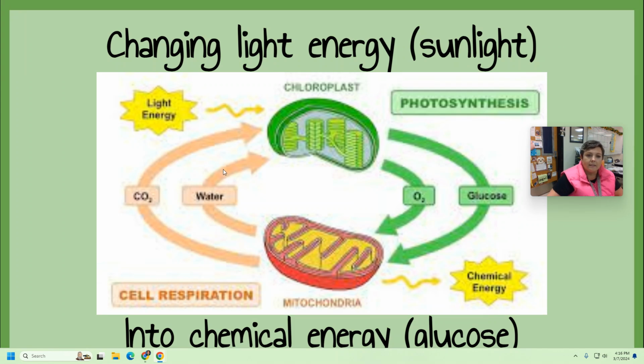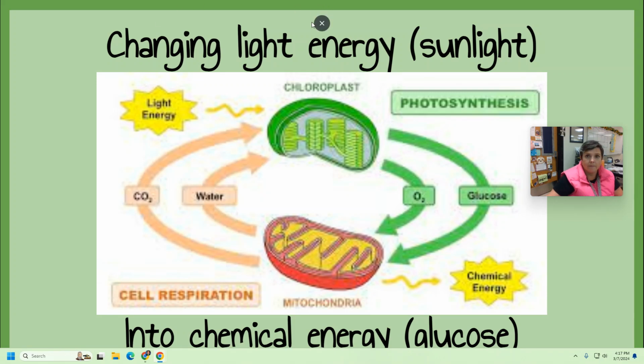And it also releases water and carbon dioxide as waste products. So we're changing this light energy into chemical energy. Okay? This is really, really important. This is kind of one of the cornerstones of biology.